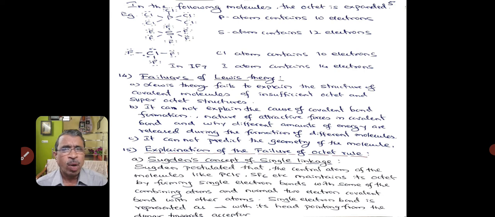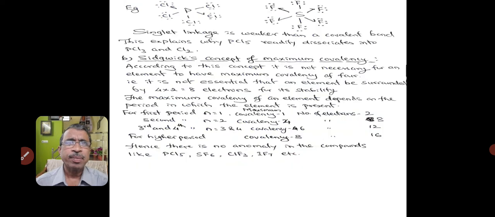A single electron bond is represented as a half arrow with its head pointing from the donor towards the acceptor.